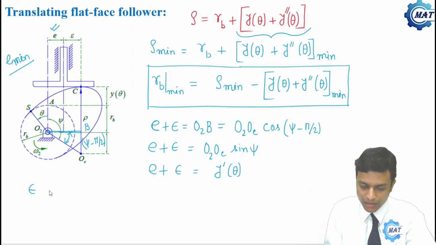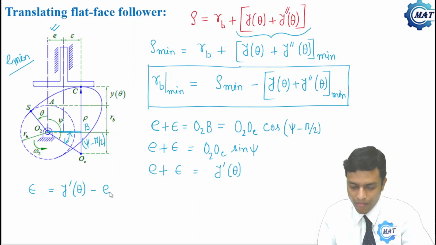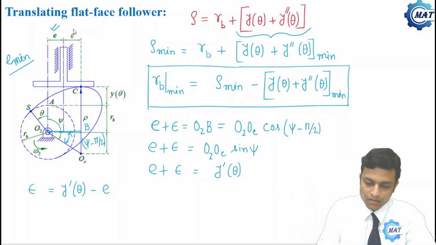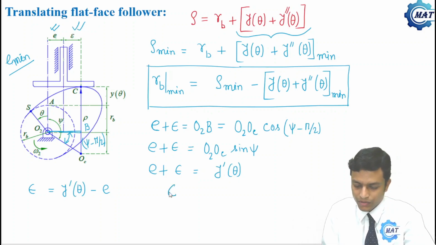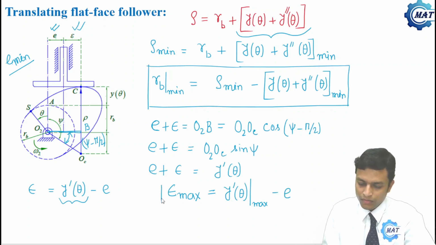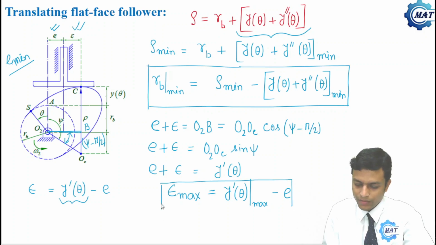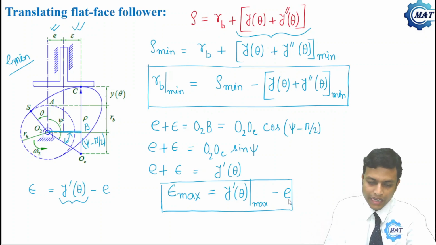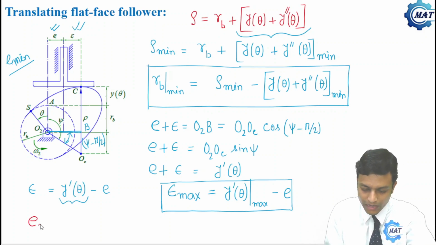So epsilon becomes y prime theta minus E. So the permissible or maximum value of epsilon, that is epsilon max. Epsilon depends on this parameter y prime theta. So epsilon max will be y prime theta max minus E.